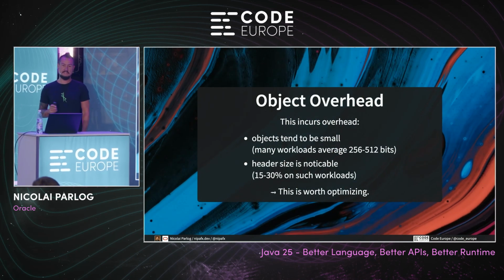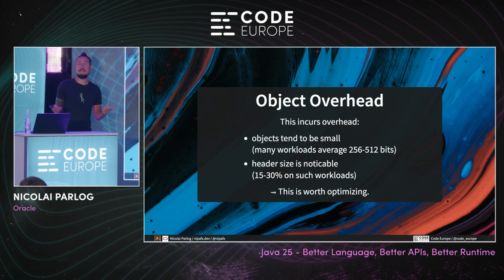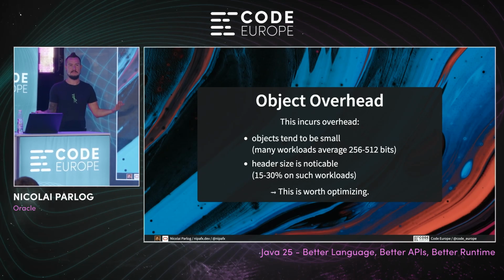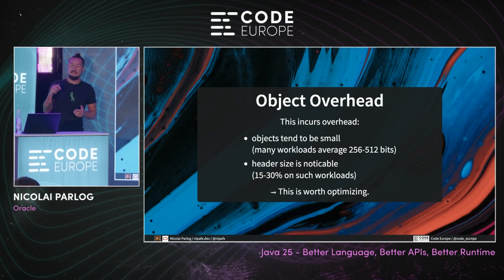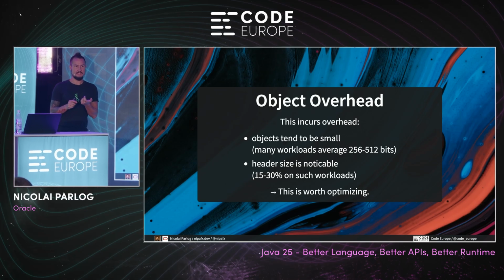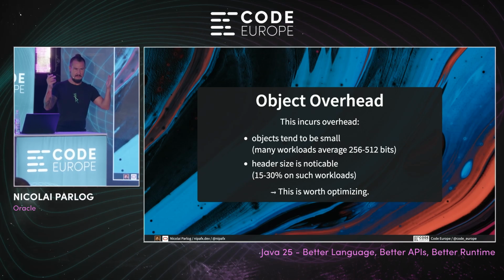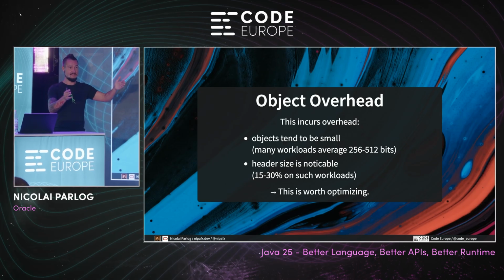And this overhead, I mean, the JVM needs it. It's not like we can just throw it away, but from the view of the application, it's overhead. The application doesn't want this. The application wants ints and strings, not object headers. The problem is that objects tend to be very small, and then the header becomes noticeable, right? If you have an integer object, then the int is 64 bits and the header is 96 bits. That's ridiculous.